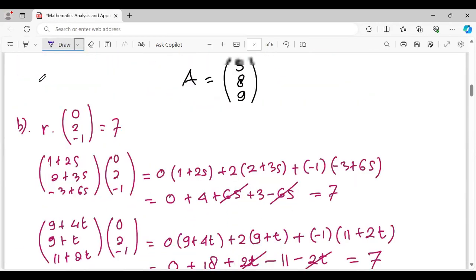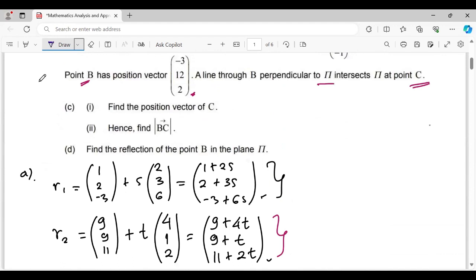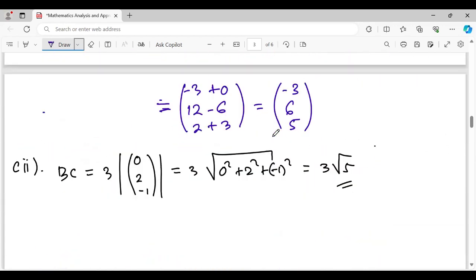The question is, find the reflection of point B in the plane pi.